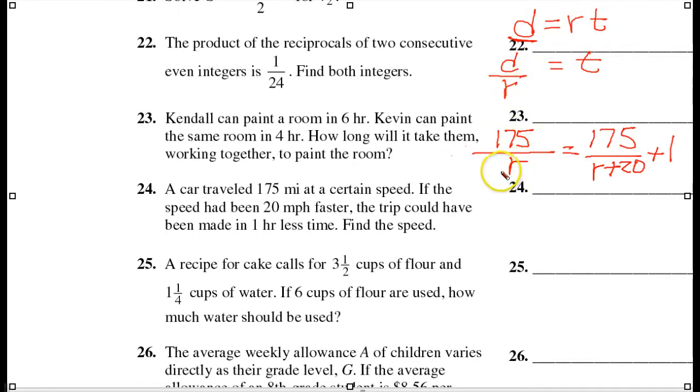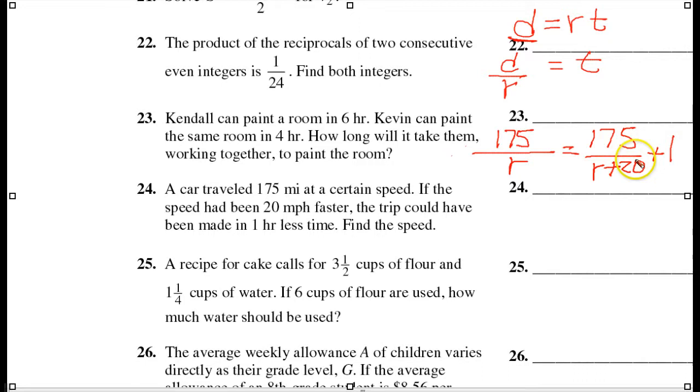So here's the distance, and this is the rate. This is going to be less time, because if they travel 20 miles an hour faster, it's 1 hour less over here.